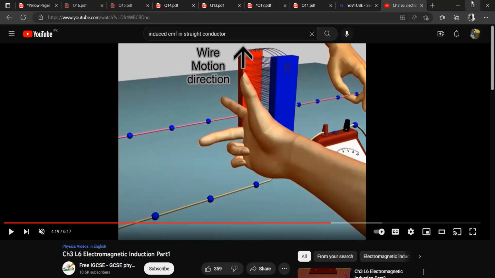So that is another concept which is related to electromagnetism. And that second concept is like this.